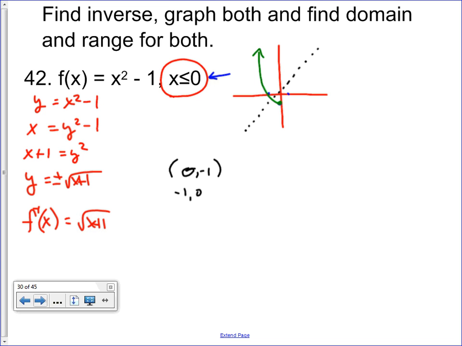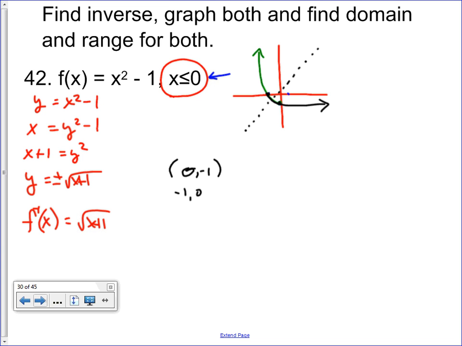So negative 1, 0 is here. The green one passes through the point 0, negative 1, so that means this one's going to pass through the point negative 1, 0. So we see this is going to end up coming this way right here. Okay, so it almost looks like a continuous piece.